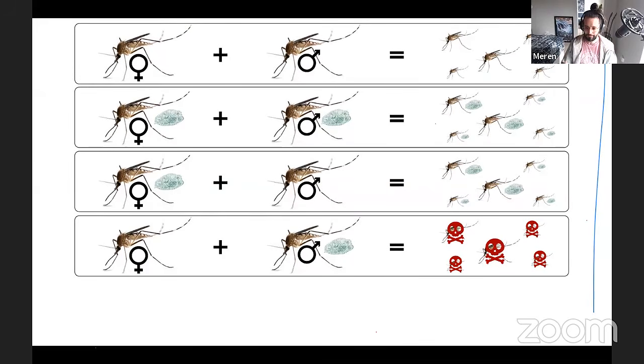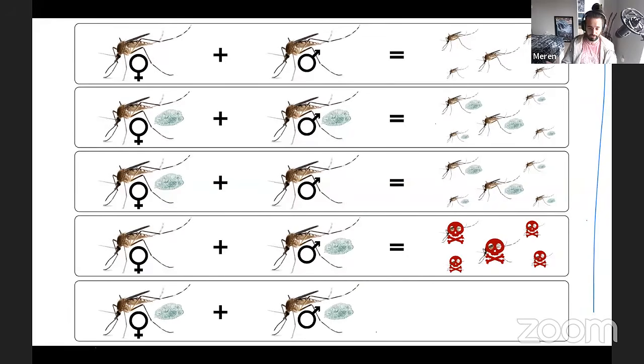Mating of this kind causes a phenomenon called cytoplasmic incompatibility, and there is no offspring. Something interferes with the DNA replication in the egg, and things go wrong. And even when you have, this is more recent research, different strains of Wolbachia, you don't get offspring.